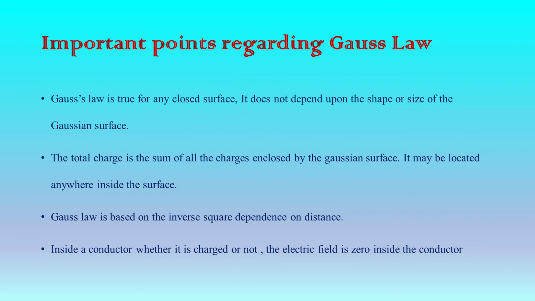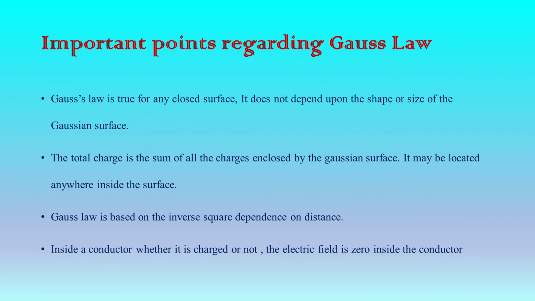It may be located anywhere inside the surface. Gauss law is based on the inverse square dependence on distance, like Coulomb's law. Inside a conductor, whether it is charged or not, the electric field inside the conductor is zero.